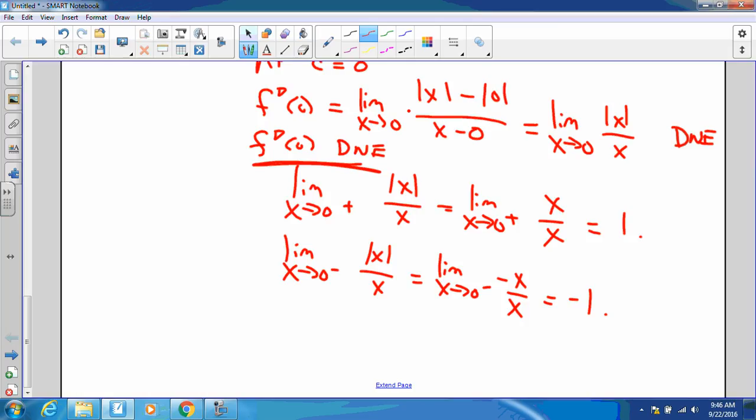This meant that as my curve comes in from the right, it's going to come in with a slope of +1, and as the curve comes in from the left, it's going to come in with a slope of -1. That's useful and interesting information. So let's actually put a label on this. We're going to label this the derivative from the left at 0, and we're going to label this the derivative from the right at 0.